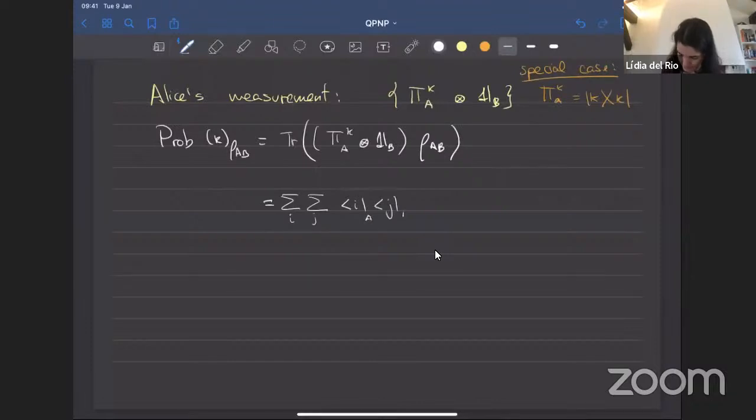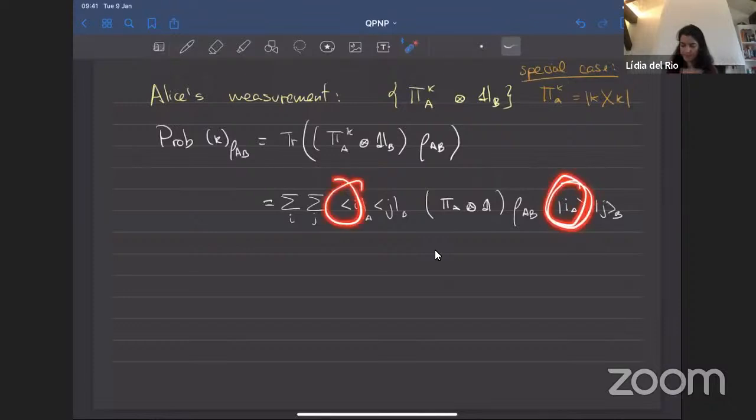This is in A, this is in B. Now comes this monster, the operator I'm trying to treat, rho AB, and now comes again my basis. Again, we use this trick that we are free to choose this basis.